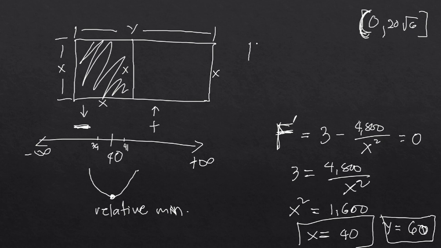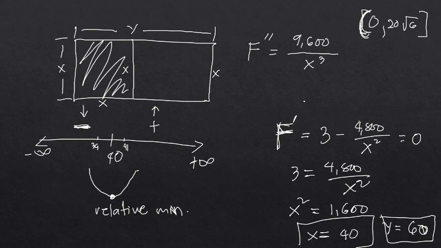The second derivative of our function f: this becomes 0 because the derivative of a constant is 0. Change the sign to its opposite, so it becomes positive. You multiply the numerator and the exponent, that's the technique that we discussed previously. That's 9,600. Then you add 1 to your denominator.